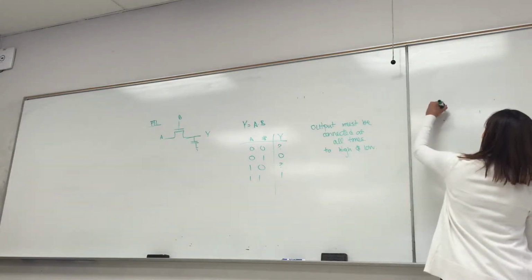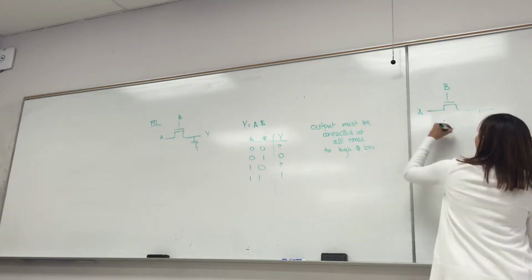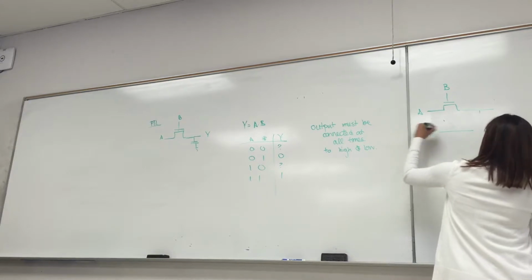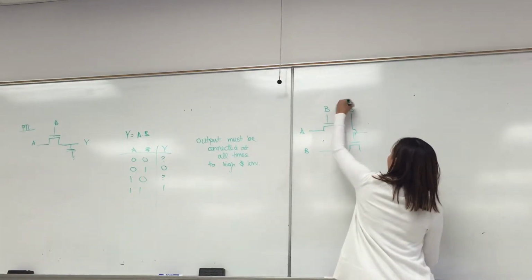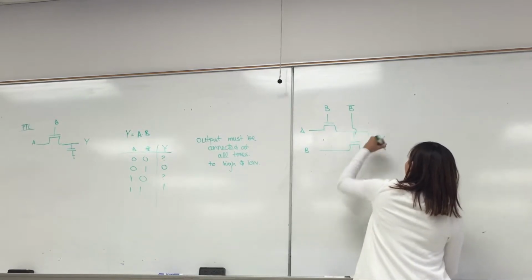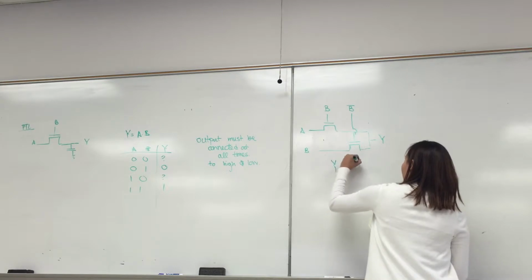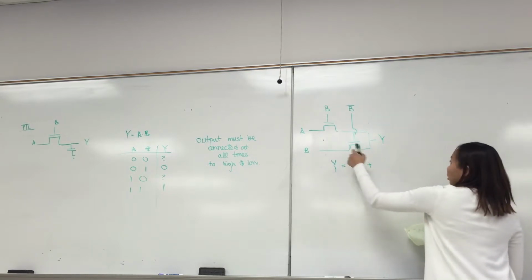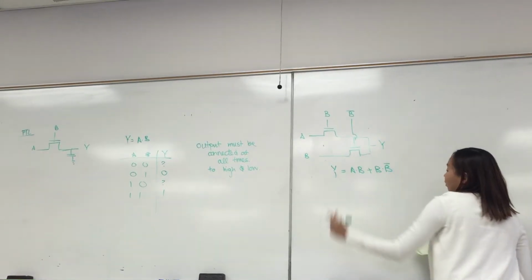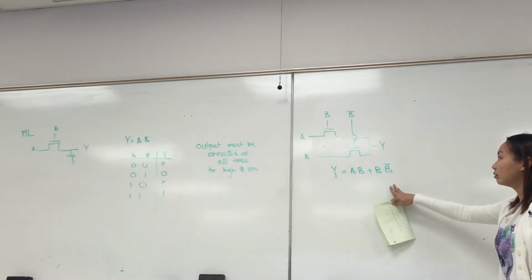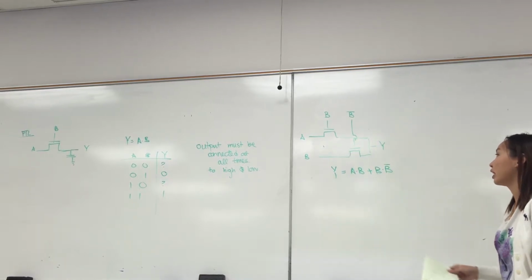We just create this dummy logic. All right. This is going to be Y equals A and B, or secondary pathway of B dot B not. B dot B not is going to be 0. So it just cancels everything out.